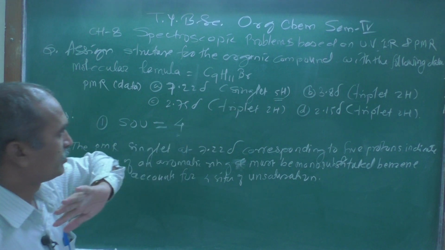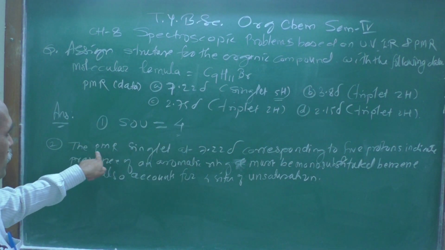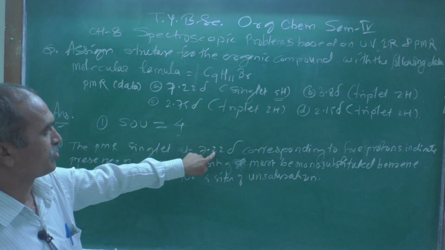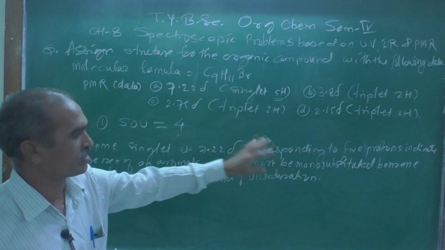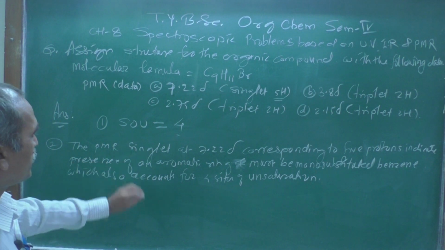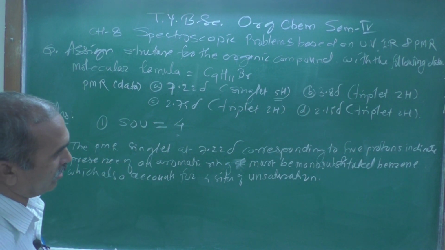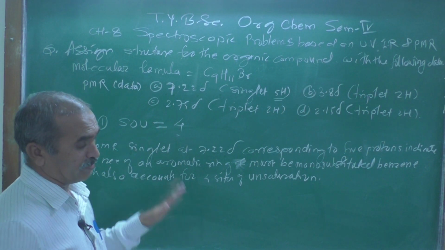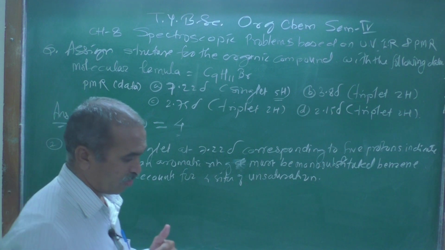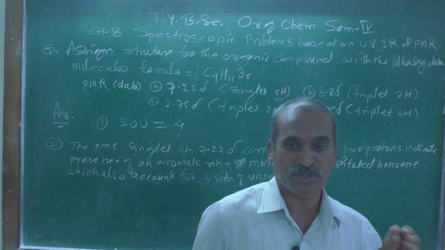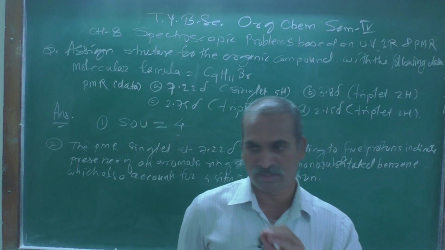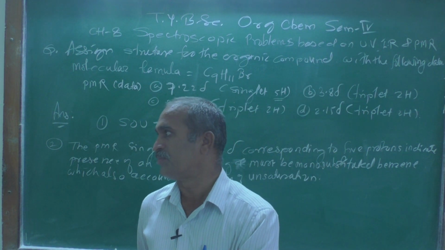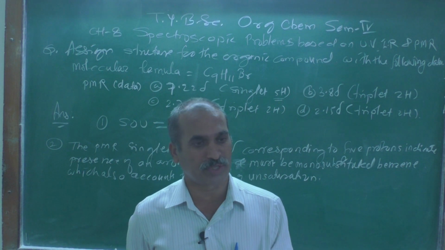The PMR singlet at 7.22 delta corresponding to 5 protons indicates the presence of an aromatic ring, because an aromatic ring may be substituted. We know that all 6 hydrogen atoms can be substituted.